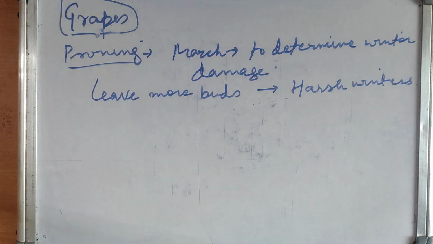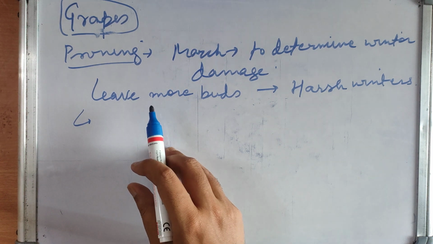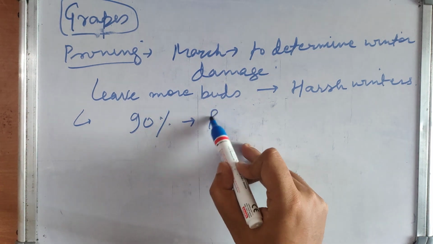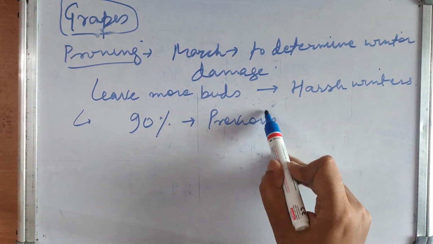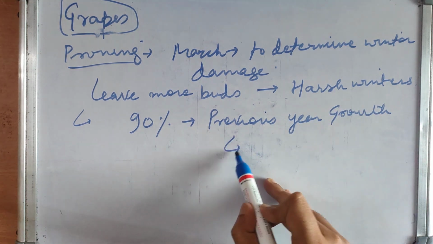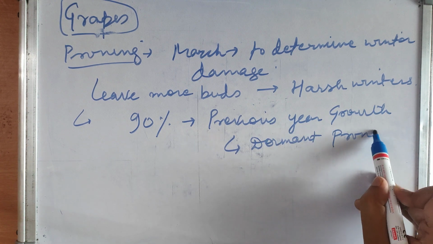Pruning means cutting or removing plant parts so that its yield increases and its growth structure improves. Many things depend on it. Typically, we need to remove 90% of the previous year's growth in dormant pruning.